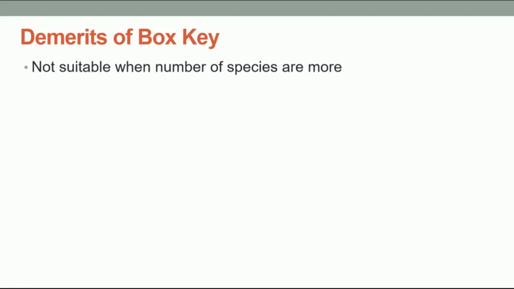The demerit of the box key is also similar to the circular key, that you cannot fit more species because you have a limitation in that box, and if you try to fit more species, it will become more complicated to identify the specimens. So it is not suitable when the number of species is more.